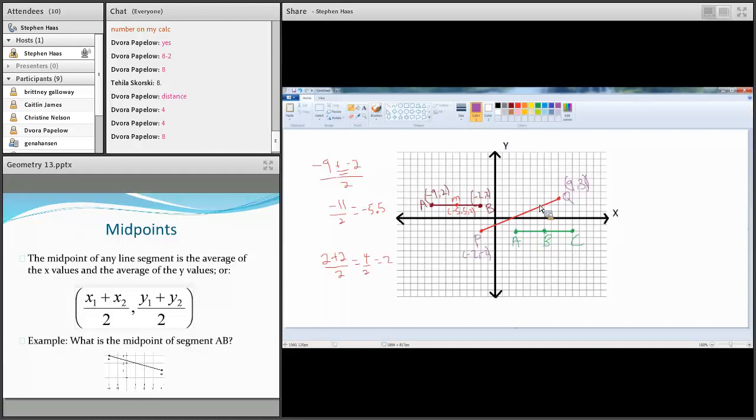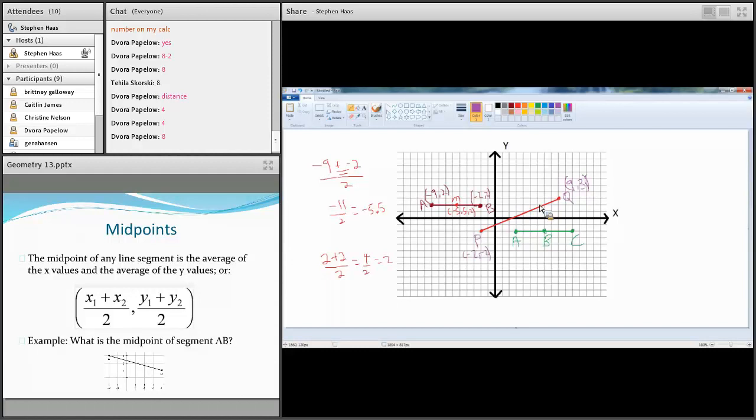Let's say I've got these dark red lines over here. This is point A, and this is point B, and I would ask you for the midpoint, in other words, whatever is smack dab in the middle of A and B.